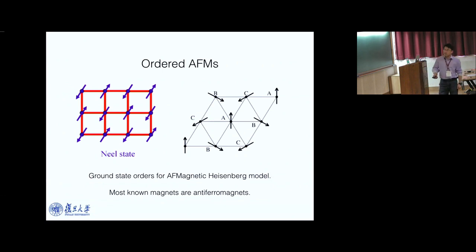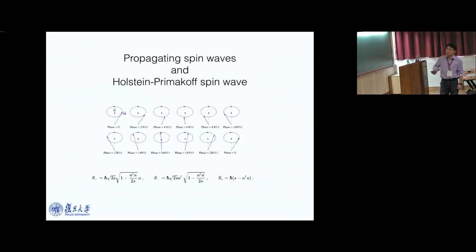As pointed out by Ying-Jer, if you consider the fluctuation of these magnetic moments, this is the particular direction of some spin component on the lattice. Now you consider the coherent propagation, a collective fluctuation of these spin moments on the lattice. It forms some kind of wave, and this wave is called a spin wave.